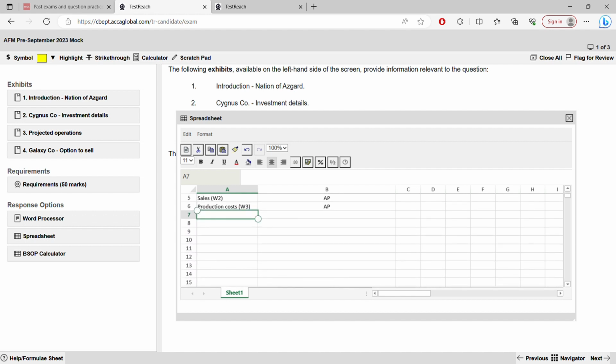Special packaging cost. Okay, SP. I'm going to use initials SP, special packaging. Okay, this I need a working for this as well. So this is working 4. This is also AP. I'm just going to simply drag like this because everything is AP.